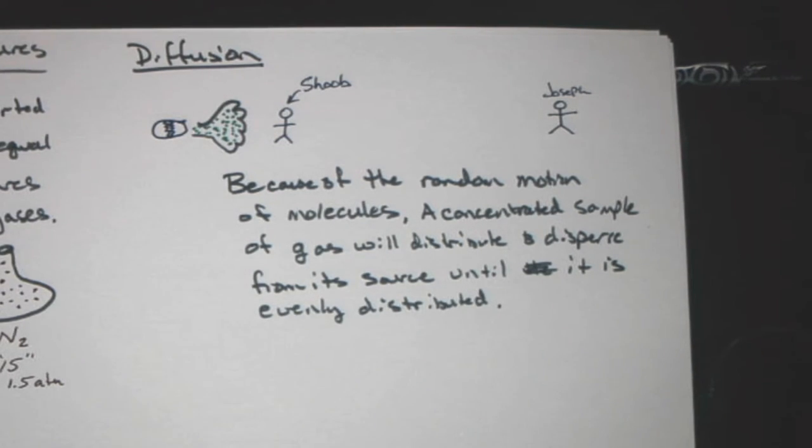Okay, because of the random motion of molecules, they just move in random directions. They bump into each other. Okay, a concentrated sample of gas will distribute and disperse from its source until it is evenly distributed.